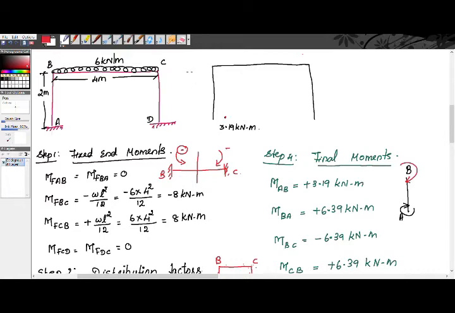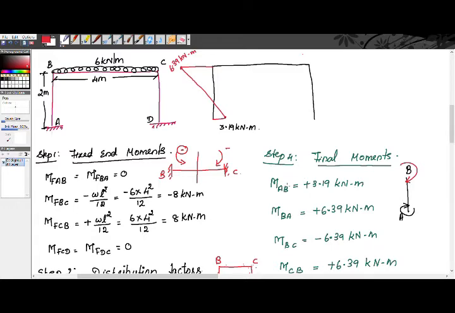So here it is 6.39 kilonewton meter. So it is like this.